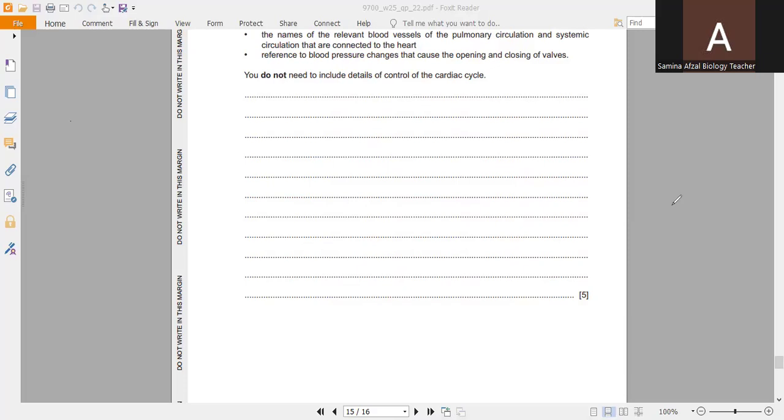Now what happens is, as the left atrium fills, the pressure within it begins to rise. Then the pressure in the left atrium becomes higher than the pressure in the left ventricle. The bicuspid valve is forced open.